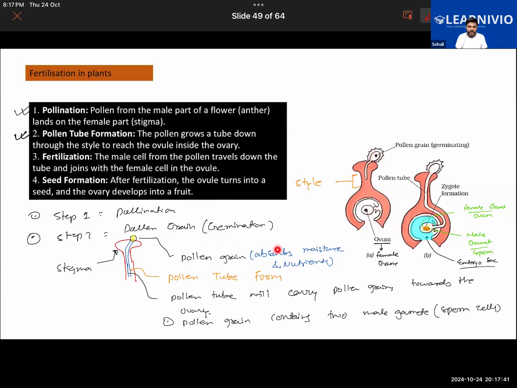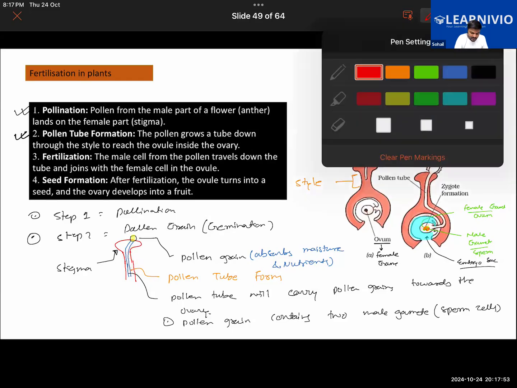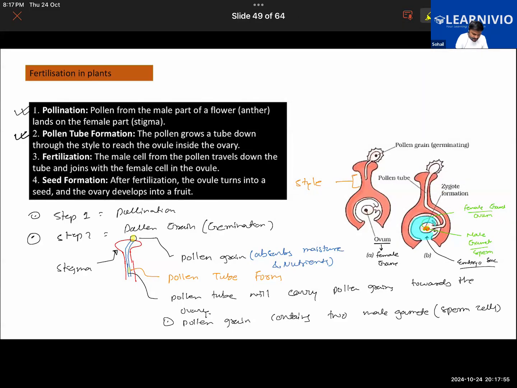It will absorb moisture and nutrients from the stigma. Getting it? As it gets moisture and nutrients from the stigma, a pollen tube will grow from it. And in this pollen tube, the pollen grain will be traveling further, through the style, and it will go inside the ovary.